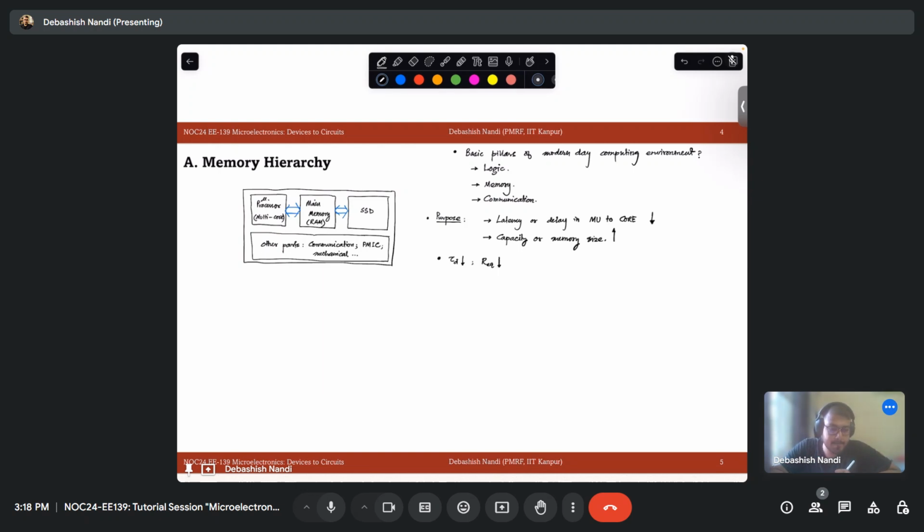And how does your resistance reduce? By reducing the R on of the transistors, and for that you need a higher W by L, or let's say a higher area. But if you have a higher area, then your capacity becomes lower.